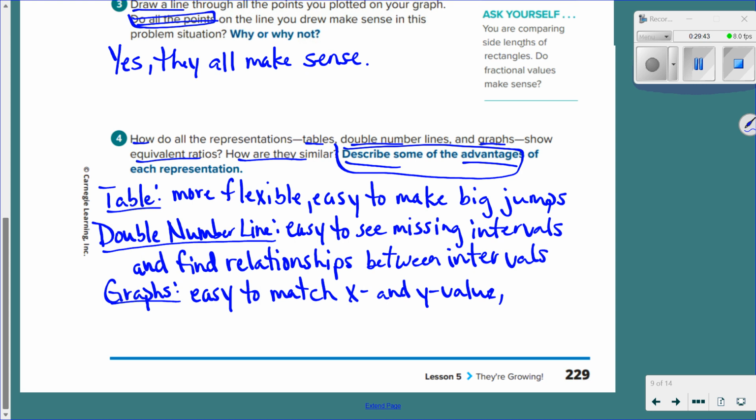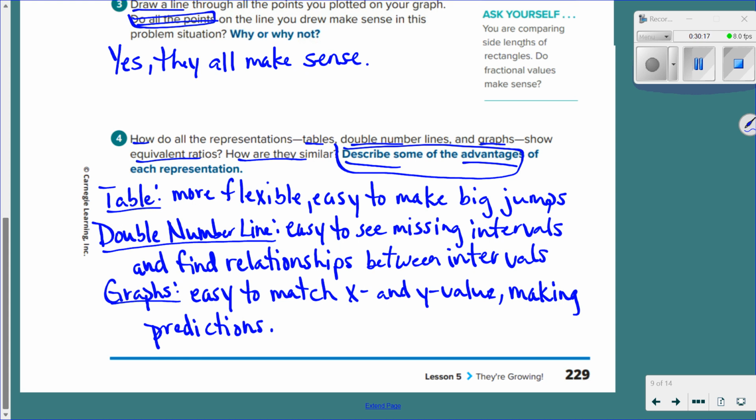A lot more predictions, right? The stuff that we don't necessarily have right in the tables, but it's easy for making predictions, because I know that relationship is going to continue to infinity. As long as it's within my parameters on my graph, it's really easy to make those predictions, because all I have to do is find where those values cross. So those give you some of the big advantages to each of them.